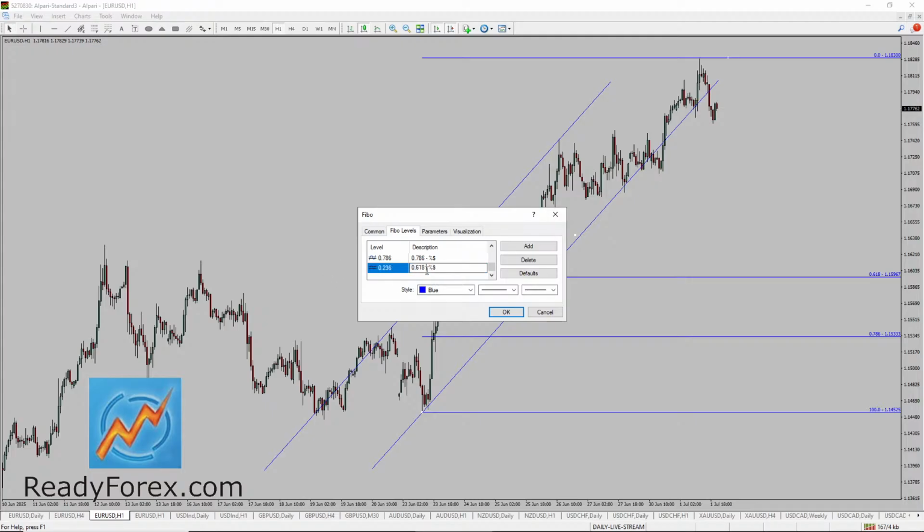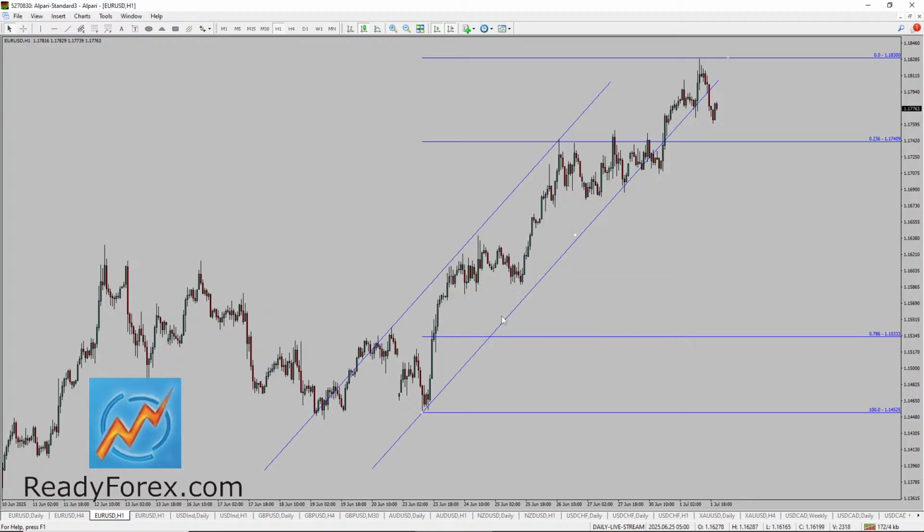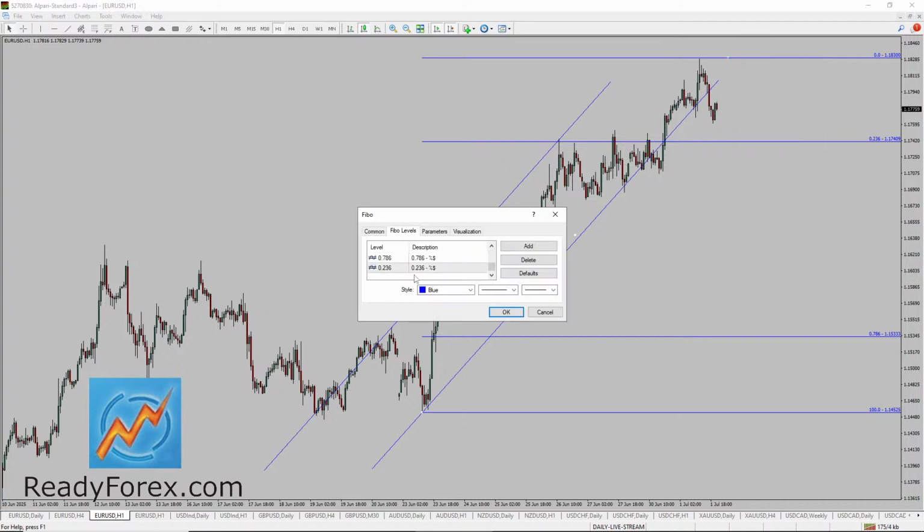Okay, so we have 0.236 over here, and just copy this one. Okay, so we have a pullback area around 1.1740 level inside euro dollar currency pair. Now we do have another one. Let me show you. If I remove this one over here, 0.13. Let's just copy this one over here, 0.13.